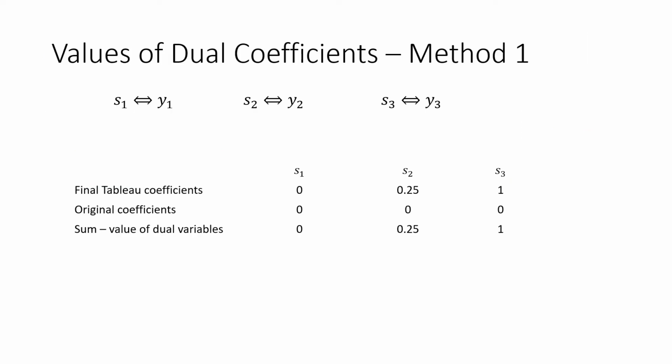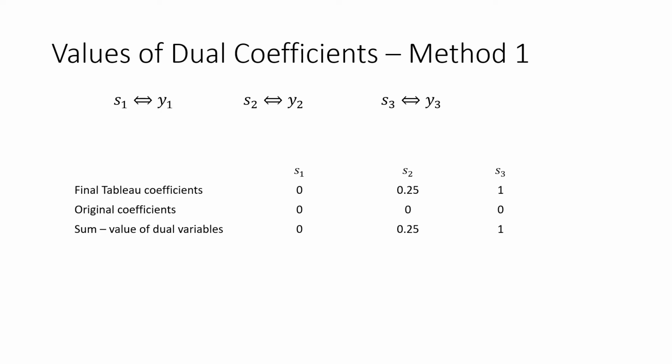So here's the question. If we have solved our linear program, we have our dual, we know that the optimal value is the same, but how do we get the values of the dual variables? There's a couple of methods of doing it. Here's the first method.